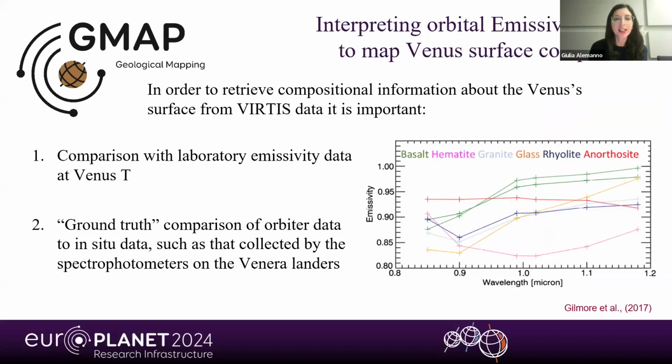What we need is a comparison with laboratory data, but not just any laboratory data. We need laboratory emissivity data at Venus temperature. And we also need a comparison between orbiter data and in situ data, like the one collected from the Venera landers.